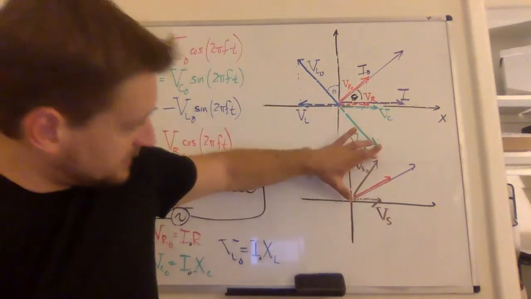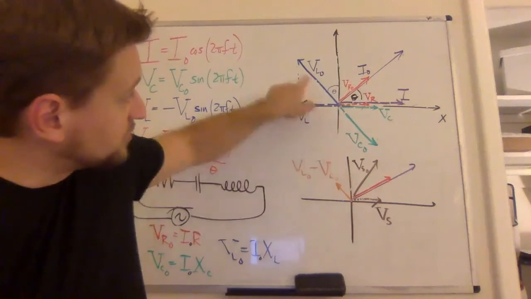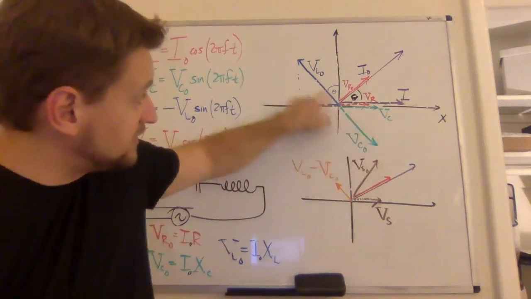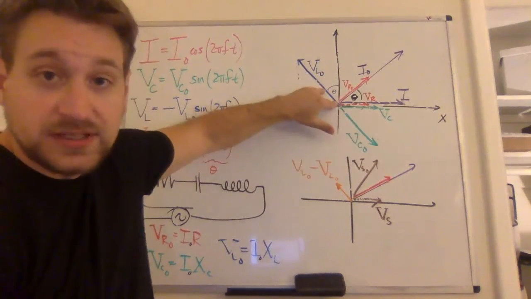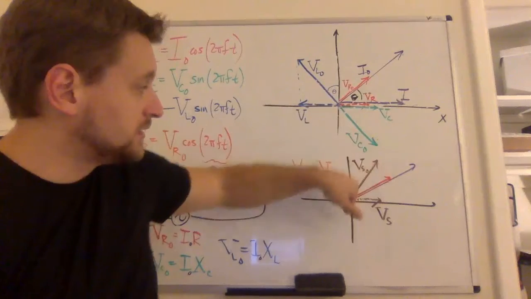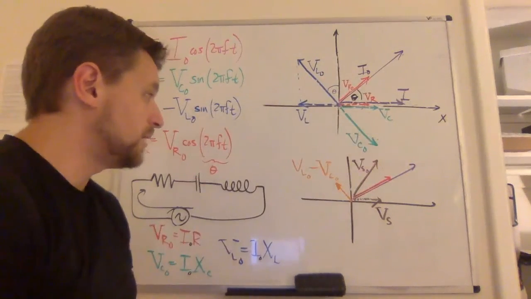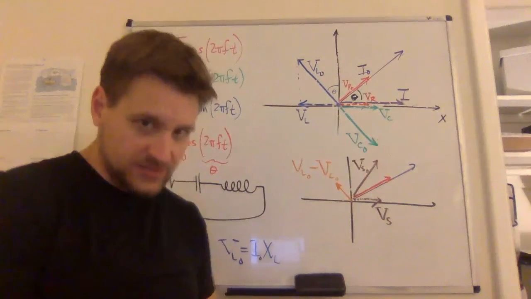But we can find its magnitude because this is just a right triangle. This orange thing is perpendicular to the red thing because these two pieces were both perpendicular. We combine them, but the result is still perpendicular to the resistor phasor. So this is just a right triangle. So we can use what? Pythagorean theorem to find the length of the source phasor.